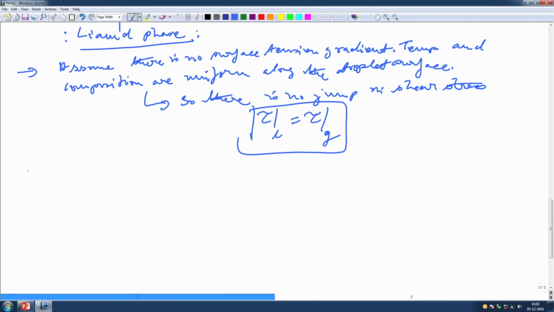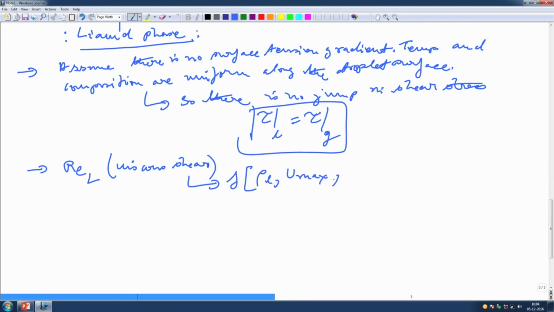Now, another thing that we mentioned earlier, and I will continue to reiterate, is that the Reynolds number in the liquid phase is mainly due to viscous shear. It is due to the friction between the droplet and the flow. This is a function of rho L, U max, the maximum velocity of the liquid phase, and mu L, the liquid phase viscosity.